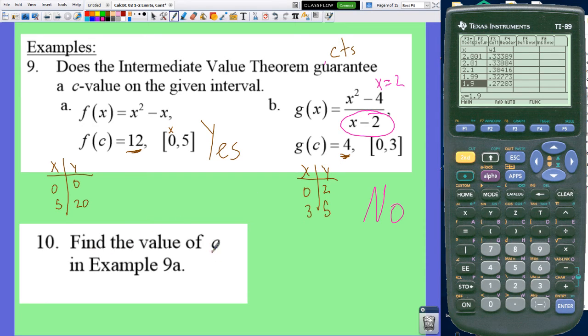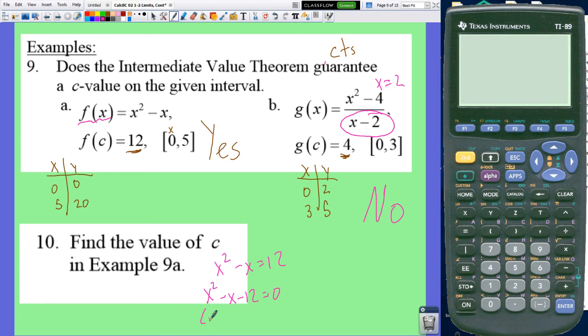All right, 10. Find the value of c in example 9a. So, okay, great, 12 exists. Where is it? How do we figure that out? Just plug in 12 for this. So I go x squared minus x equals 12. And we can solve this as a quadratic equation. Subtract 12 on both sides, isolate everything, and then we factor that.